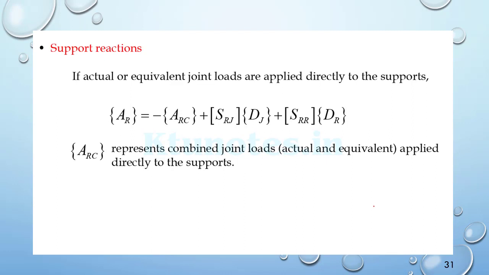If there is any support reaction, that is, if actual or equivalent joint loads are applied directly to the support, then one more term will be required in this equation. AR is equal to minus ARC plus SRJ into DJ plus SRR into DR, where ARC represents the combined joint load, actual and equivalent, applied directly to the supports.